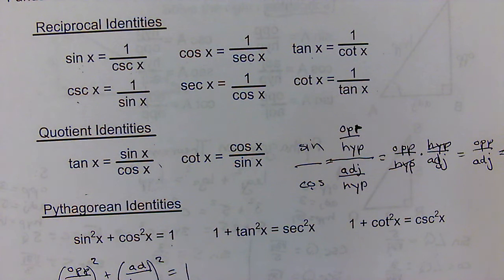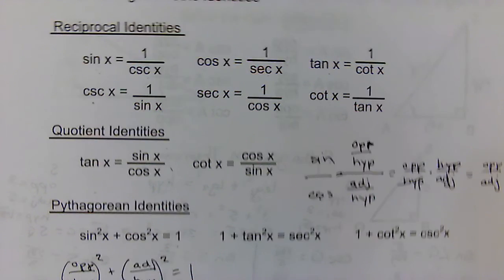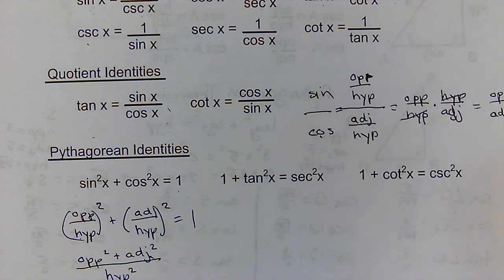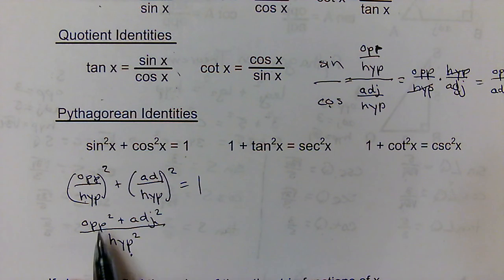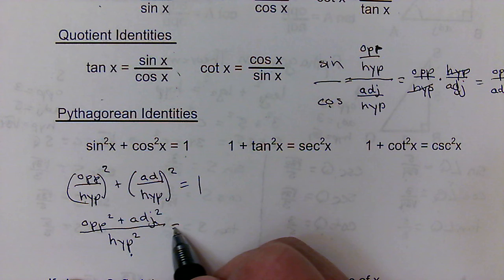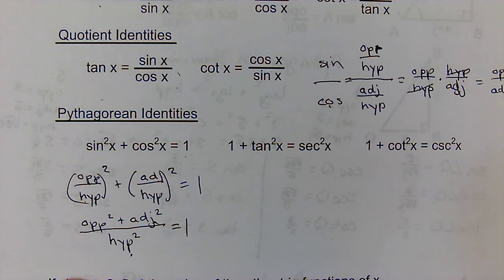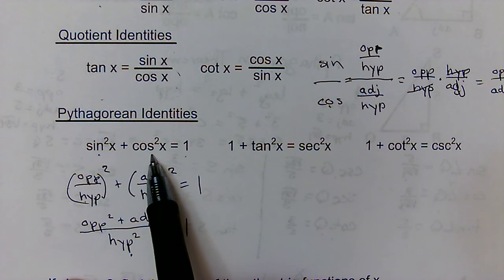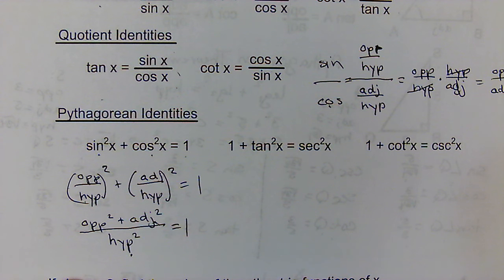The opposite and the adjacent are the legs of the right triangle, and the hypotenuse is clearly the hypotenuse. And remember, the relationship between those is the Pythagorean theorem. The sum of the squares of the 2 legs is equal to the hypotenuse squared. So if you square the sine of an angle and you square the cosine of the same angle, you get 1.